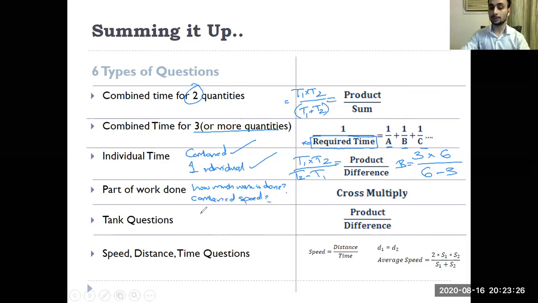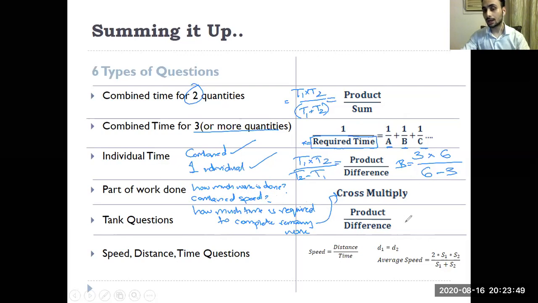And then step 3 में check करोगे कि if they're working together, how much time is required to complete remaining work. और इसके लिए आपको क्या करना होगा? इसके लिए आपको cross multiply करना होगा, that we've talked about.